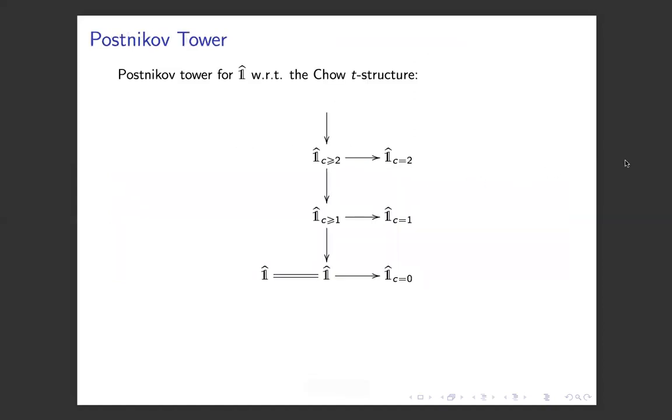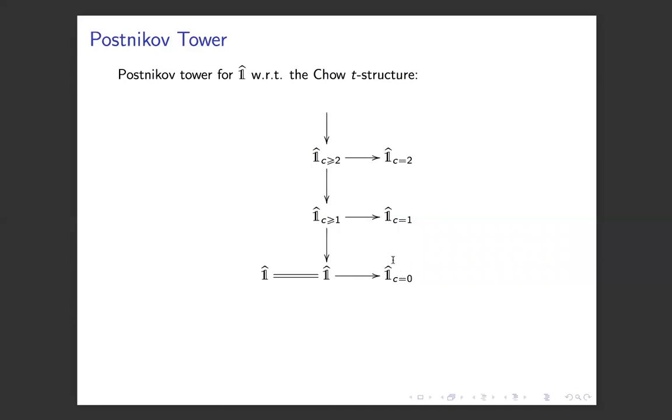Typically, we have this deformation point of view, but over a general field, the situation is going to be more complicated than just a deformation. What's going to happen is actually we're going to have the whole Postnikov tower. If we start with the sphere or some completion of the sphere, we can use the Chow t-structure to truncate it into a few pieces.